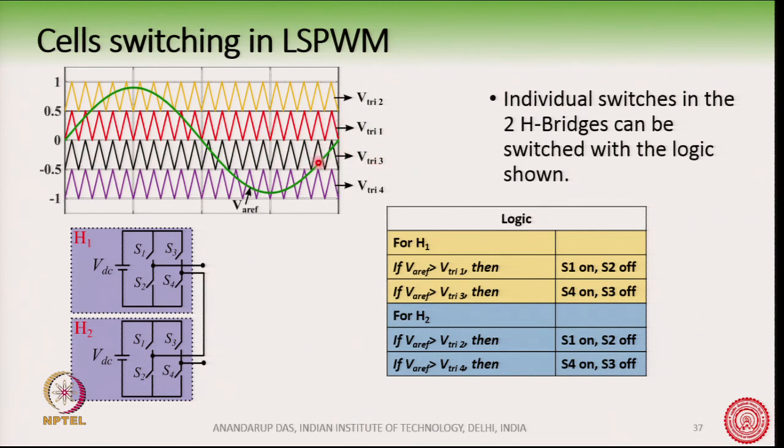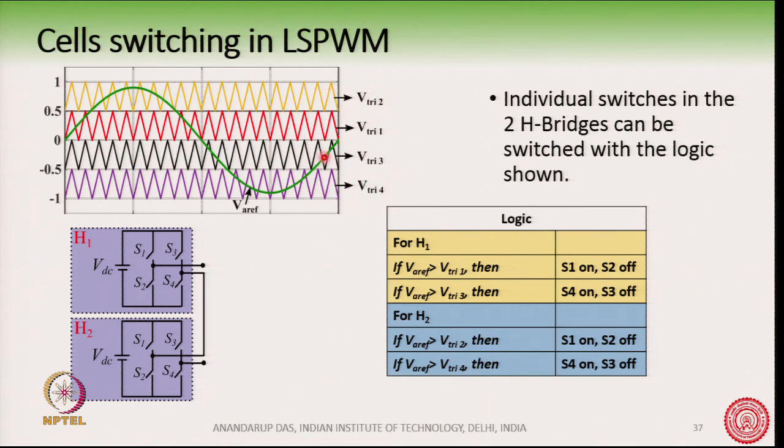These two triangles will be used to switch the 4 switches for cell H1, and for H2, this lower H-bridge, we will use V triangle 2 and V triangle 4.